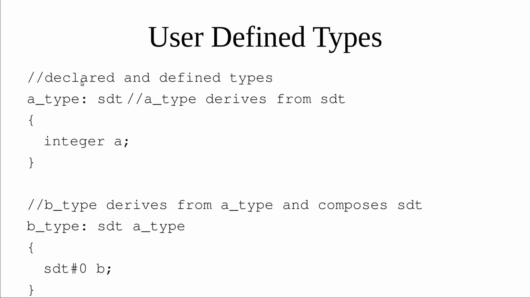And the type is pretty simple here. We just have the type name, colon, and then you can have one or two types over here. So if you have one type, SDT, instead of inheriting directly from DT, it inherits from SDT.